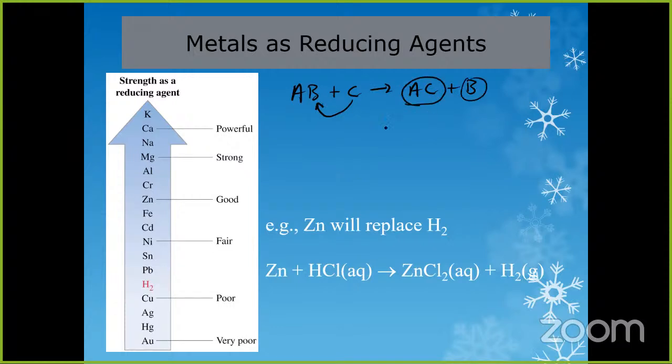And then B is produced as a byproduct of this reaction. Most of these reactions, in fact, I can't think of any examples of exceptions, so I'm going to venture out and say all of these reactions are redox reactions, all right?